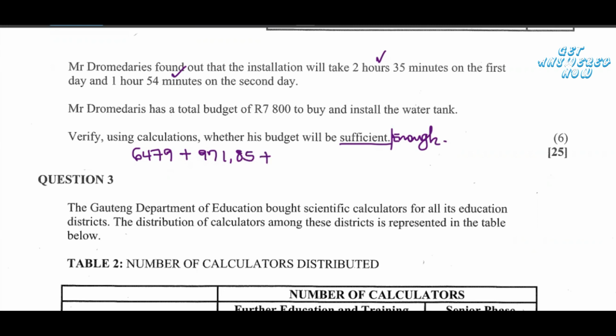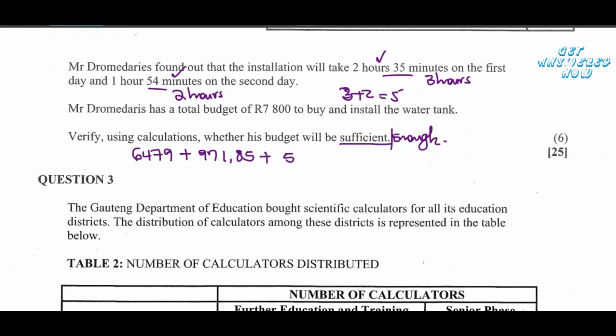Now let's analyze this labor. 2 hours and 35 minutes on the first day, remember what I've just told you about part thereof, so this will be 3 hours. There's no compromise. Then we have 1 hour and 54 minutes. This will be 2 hours. All in all, he has worked for 3 hours plus 2 hours, so the person has worked for 5 hours.